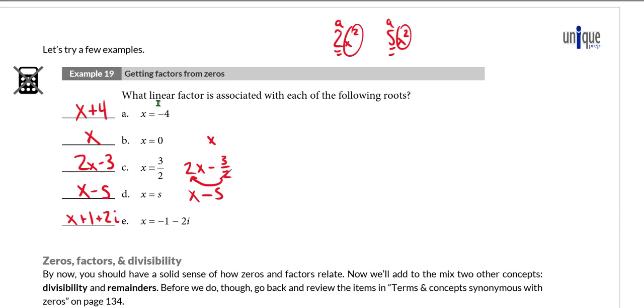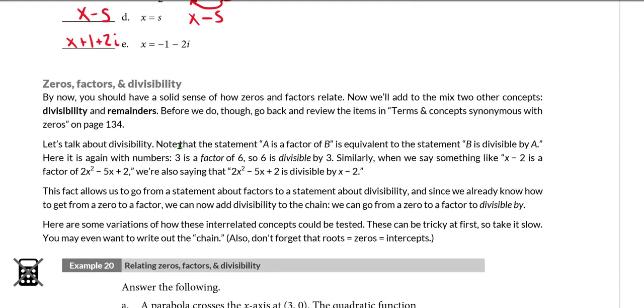In terms of zeros, factors, and divisibility, this definitely gets a little bit more advanced here, but probably the easiest way to look at how zeros, factors, and divisibility relate when it comes to a polynomial function is just to go back to basics, to go back to what you learned about factors when you were probably in, I don't know, 4th, 5th, 6th grade, something like that, where you learned that, for instance, if we say 3 is a factor of 12, that is exactly the same.